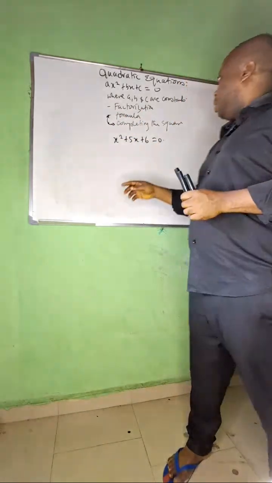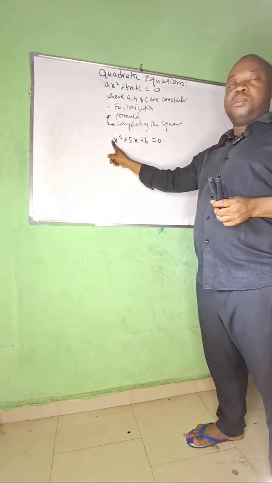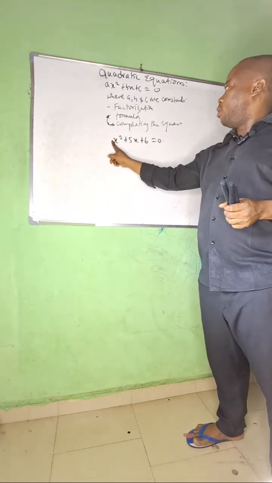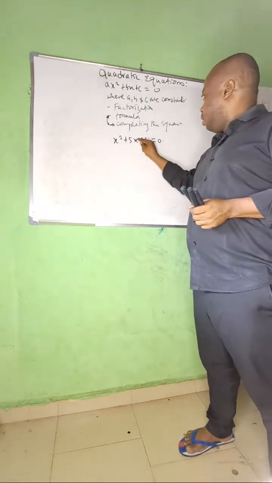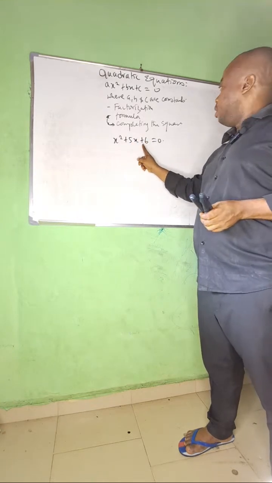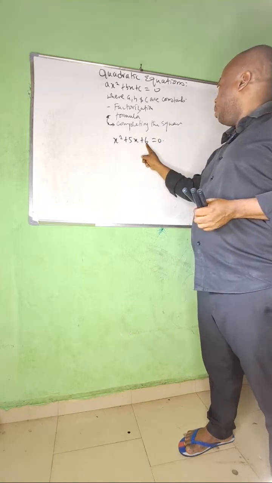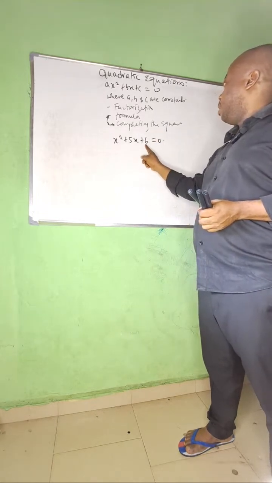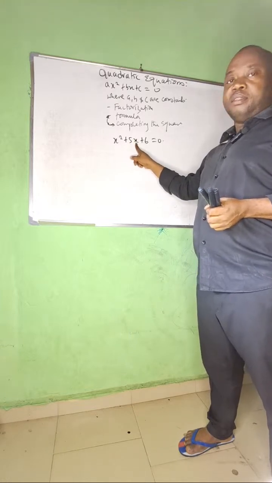Now, when you have this kind of expression, the coefficient of the quadratic term is 1. The coefficient of the linear term, linear because the power of x is 1, is 5, and the 6 is a constant. So you look for two numbers whose product is the constant term, and whose sum is the coefficient of the linear term.